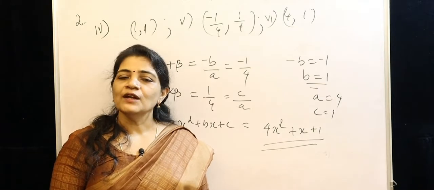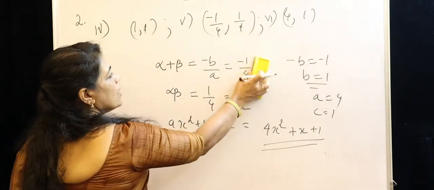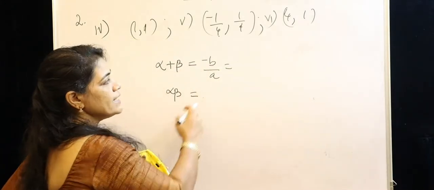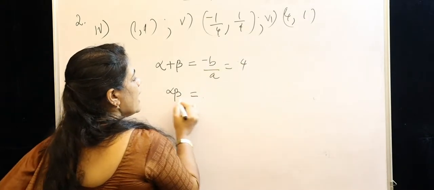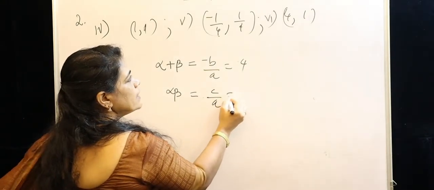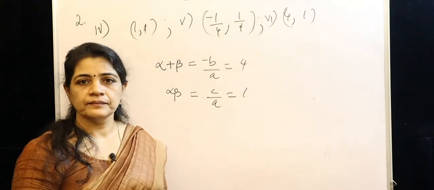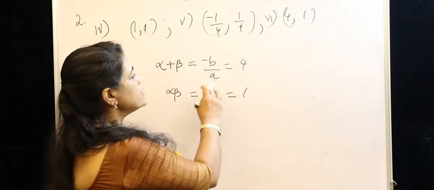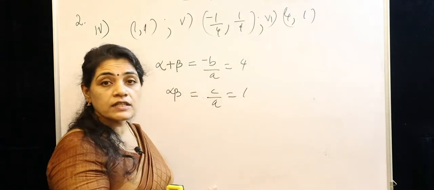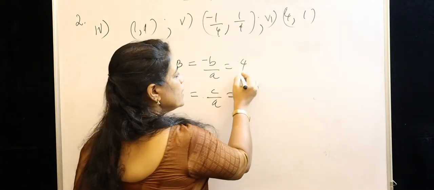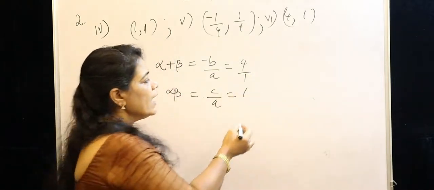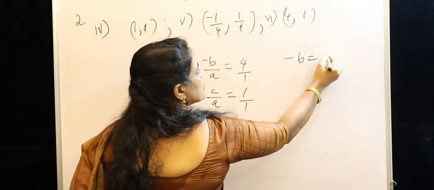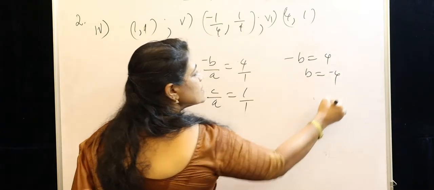Now the last problem: alpha plus beta, that is minus b by a, is equal to 4, and alpha beta, that is c by a, is equal to 1. Now we are going to write down a, b and c. Children, since both are single constant terms, you can write this in fractional form, 4 by 1, and here also 1 by 1. So minus b is the numerator 4, which implies b is equal to minus 4.